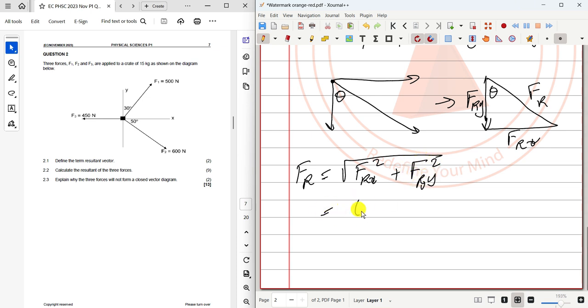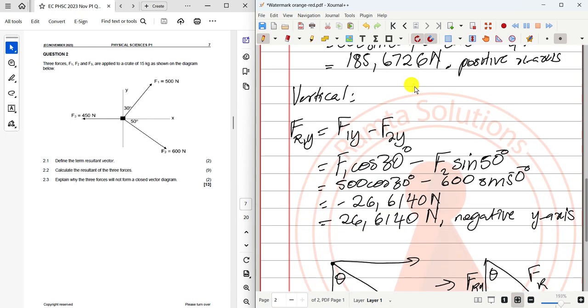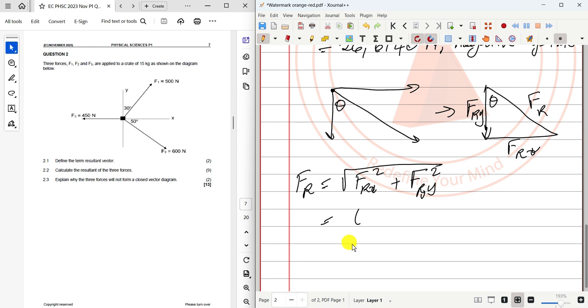So what is FRX? If my memory serves me well, it was 185.6726. So 185.6726 squared. And this one, yes, it serves me indeed, minus 26.6140 squared, isn't it?